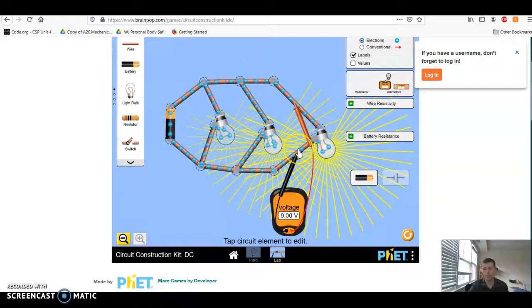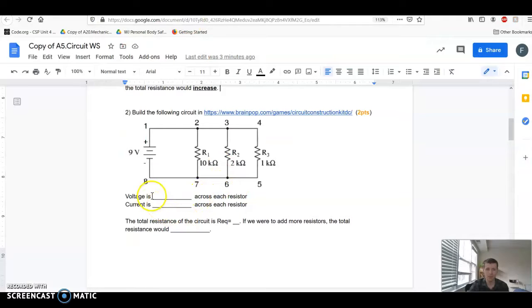That tells us that the total voltage, the total electric potential you have across your source, is also going to be the same exact amount across each possible branch that your electricity could go down. So let's write that down. Voltage is going to be the same across each resistor. It doesn't matter what the resistance is. No matter what, you're getting the full 9 volts.